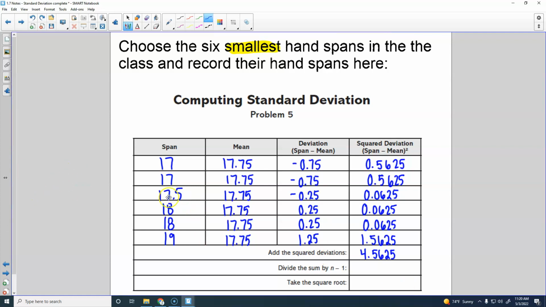Because 17.5 and 18 are the same distance away from your mean. So when you do the deviation, whenever you subtract these, you get negative 0.25 here and you get positive 0.25 here. But when you square it, it gives you the same value, because when you square a negative, it becomes positive. Maybe I did it wrong. Oh, I think I didn't have my 0 there. You're right, Kate. 2.875.